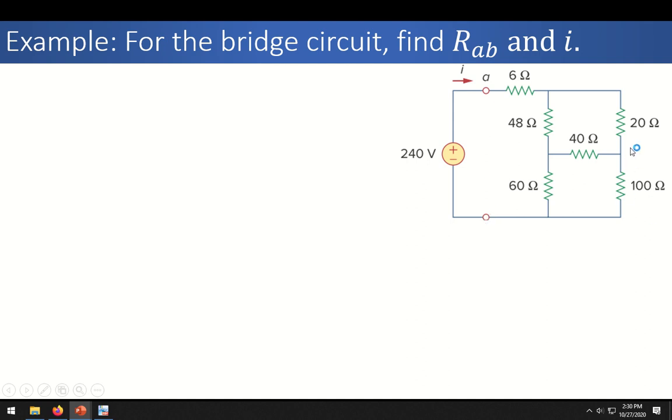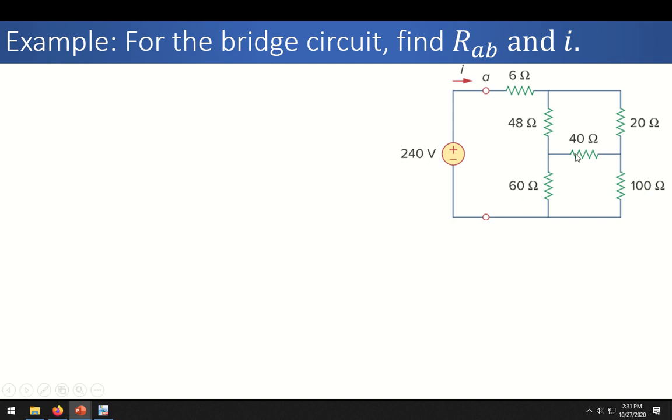Again, you can see that there is no resistance that is in parallel or in series with any of the other resistances. 20 ohm is not in parallel with 40 ohm, neither in series. Similarly, 100 ohm is not in parallel with 60. So we cannot use series and parallel circuit techniques, but we can see that there's a delta here.